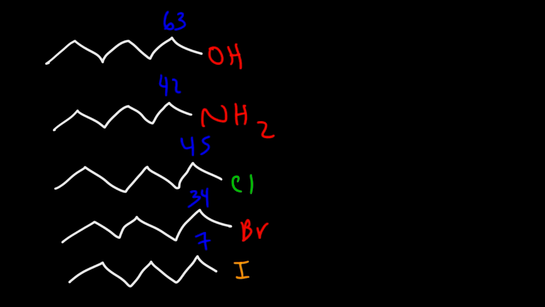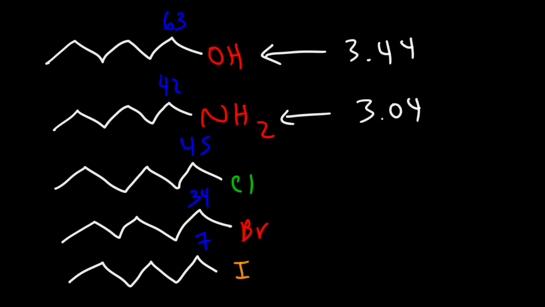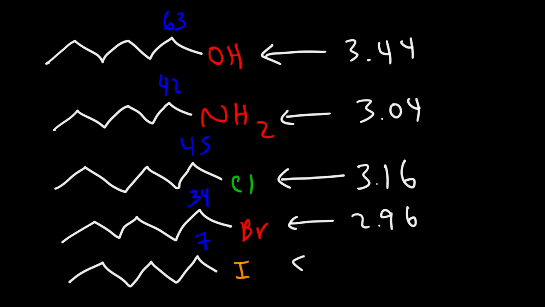Iodine has a relatively low electronegativity value compared to the other elements on this page. According to Wikipedia, oxygen has an electronegativity value of 3.44, and nitrogen is 3.04. Chlorine is a little bit more electronegative than nitrogen. According to Wikipedia, it's 3.16, and bromine is 2.96. And for iodine, it's 2.66.